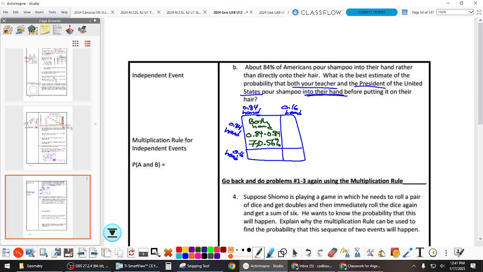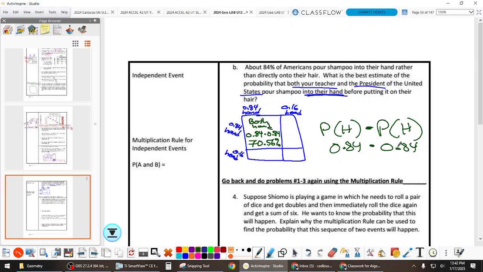I want you to note that all of this area model stuff is really just the probability of hand times the probability of hand, which is 0.84 times 0.84 in this case. So it's really what we've been doing, isn't it? It's the multiplication rule saying if these are independent, multiply them together. It's just giving you a visual, that's all.